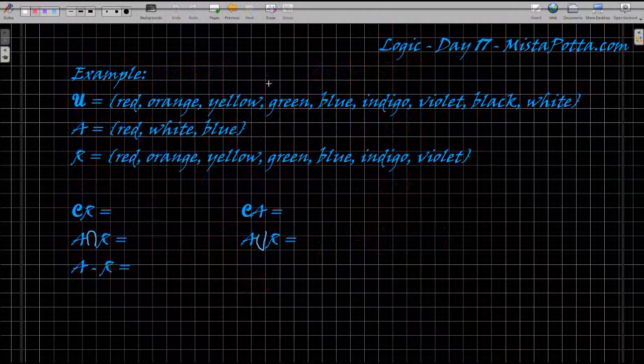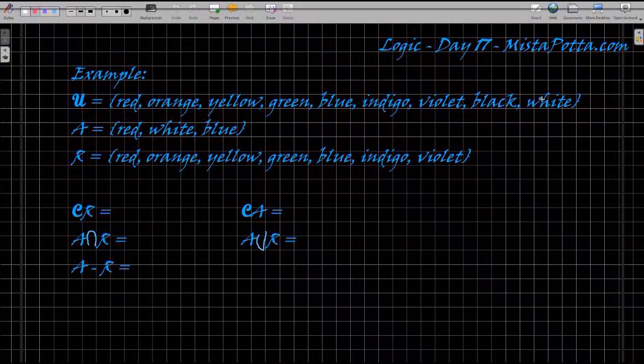So, I want to do one last example here. I've got a set. In this set, my universe is red, orange, yellow, green, blue, indigo, violet, black, and white. I've chosen some of the Crayola colored boxes. I'm not choosing all of them.